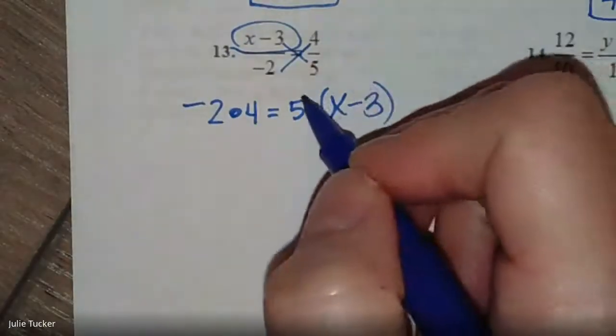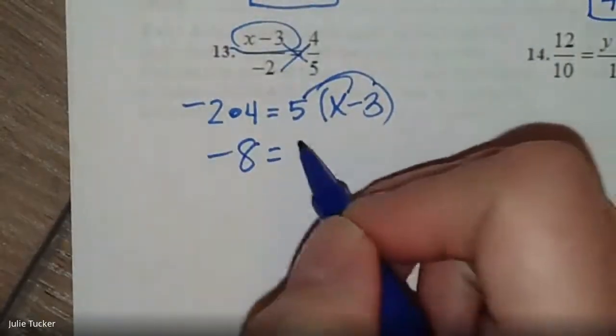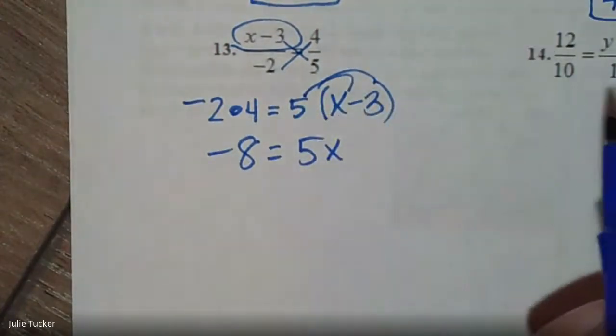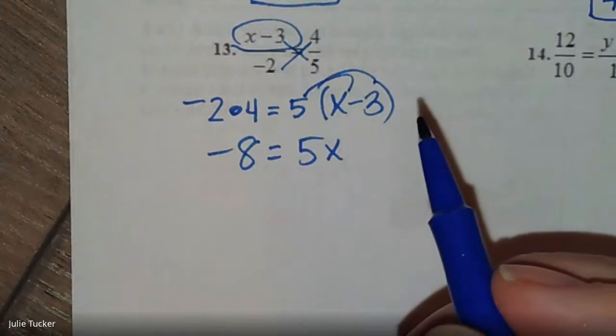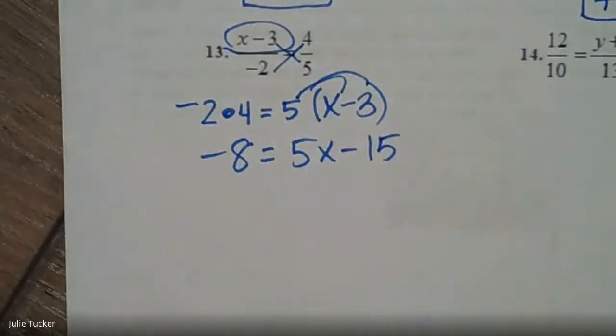We have to distribute. So this is negative 8 equals 5x, and then 5 times negative 3. Negative 15. Good work.